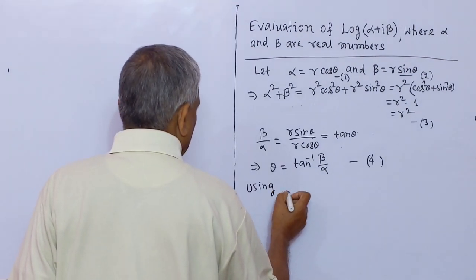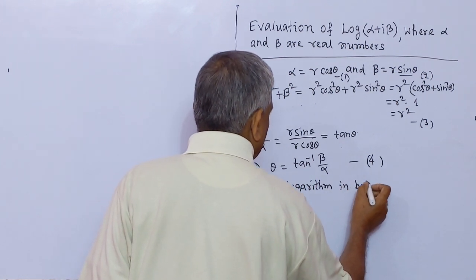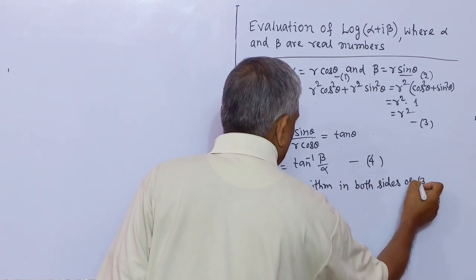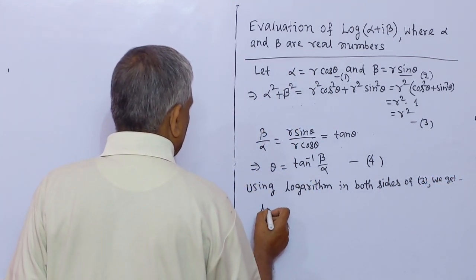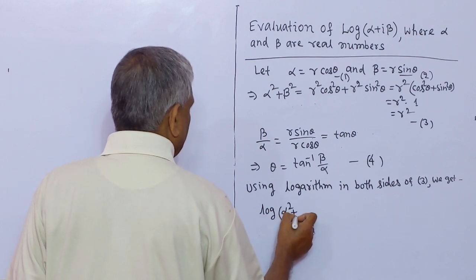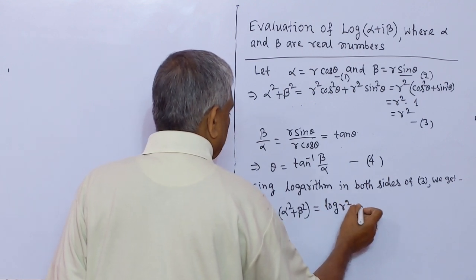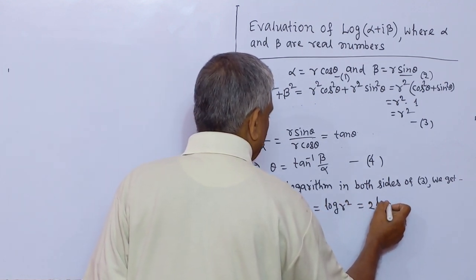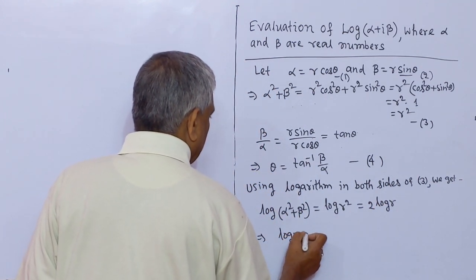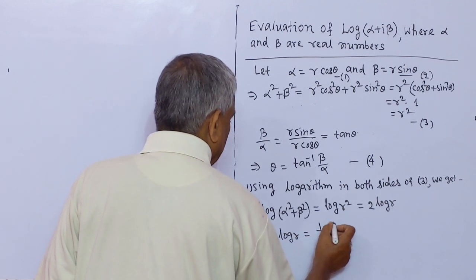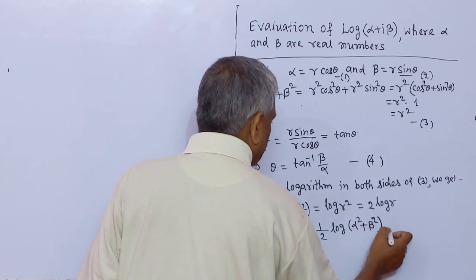Using logarithm on both sides of 3, we get log alpha square plus beta square equal to log r square, which is equal to 2 log r. This implies that log r equal to half log alpha square plus beta square. This is number 5.